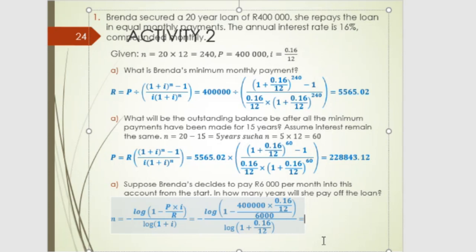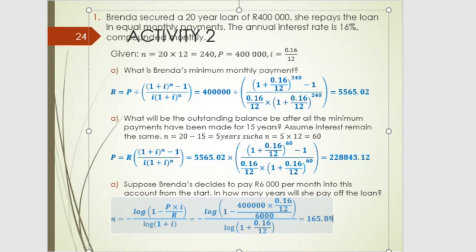I close these brackets on top before I go down. Then down is a log again, is 1, then plus a fraction, 0.16 divided by 12. Then I close these brackets and get the answer. So the answer that I get is 165 point, let's say 89.